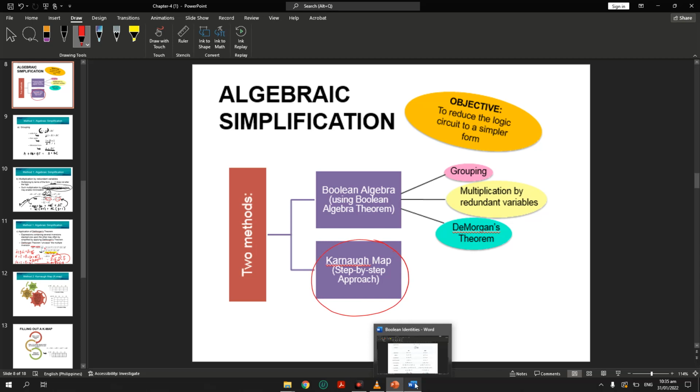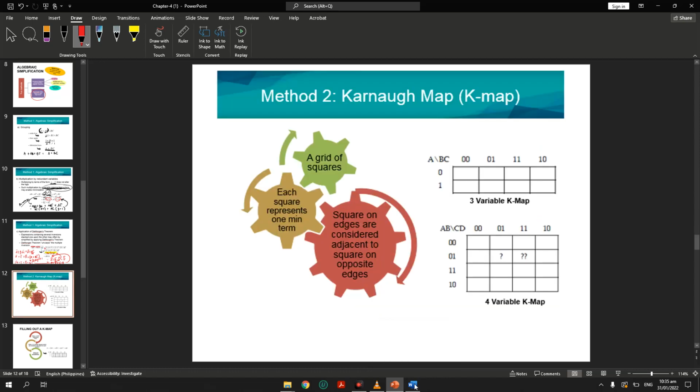That is pronounced Karnaugh map. In the Karnaugh map, we usually employ a 2 by 4 grid. This one is used for a 3 variable K map, and this one is for a 4 variable K map.